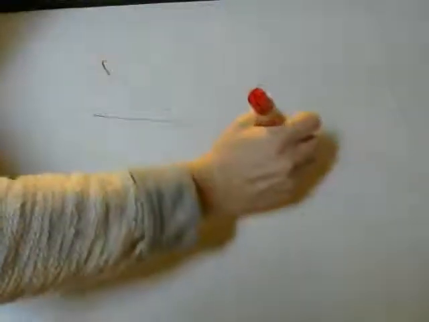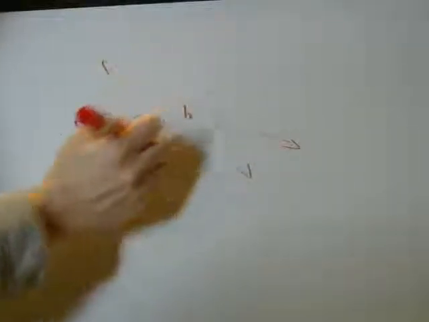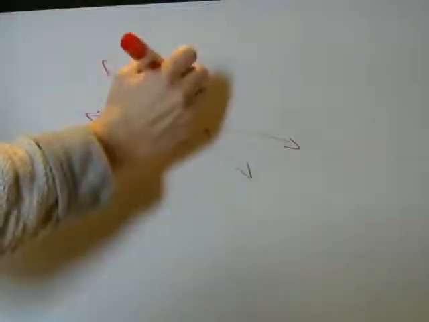So just to reinforce that, we have two lines. Angle B is 140 degrees. Angle D is going to be 140 degrees because these are always going to be equal.